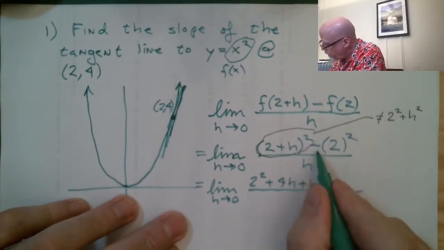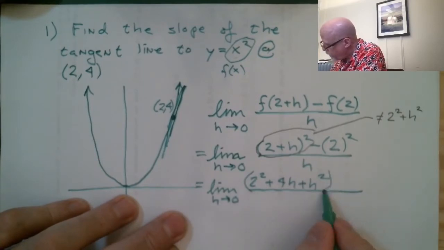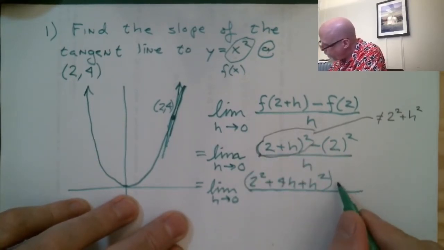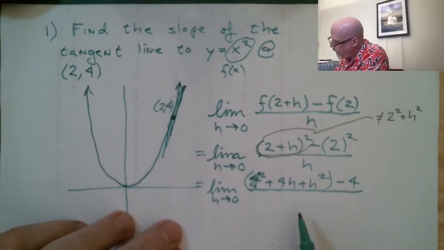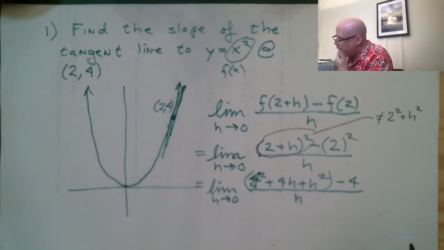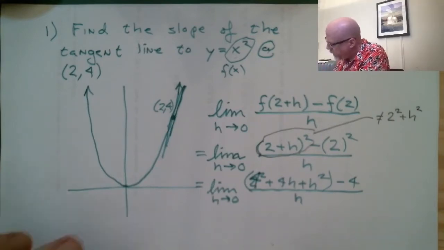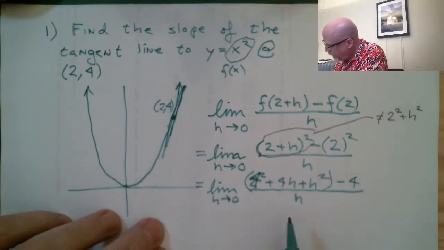What I've just done there is the FOIL rule of 2 plus h times itself. We'll be subtracting 4 from that. Oh, interesting, because this is really 4 as well. And we've got h in the bottom. Well, now there's a lot of very convenient stuff that cancels out of this thing. The 4's gone. You have 4h plus h squared over h.